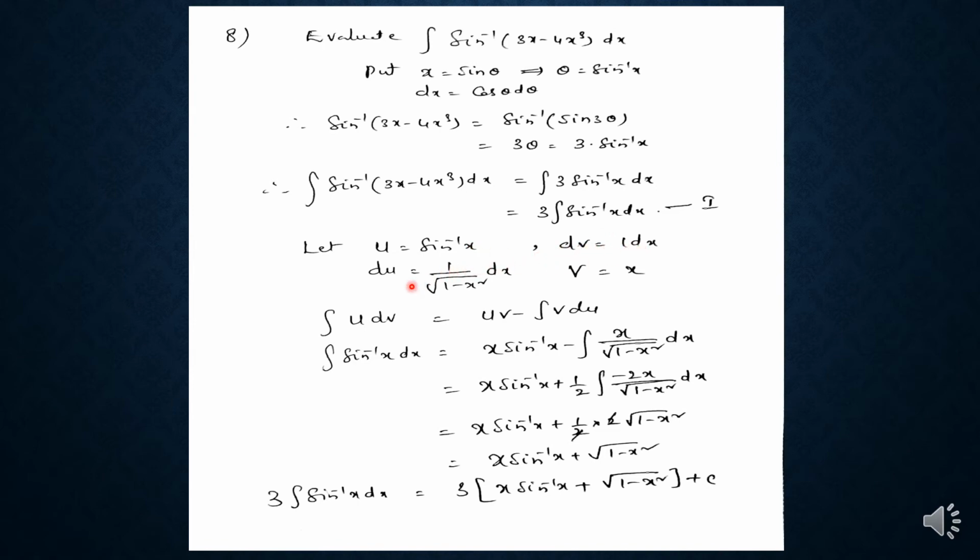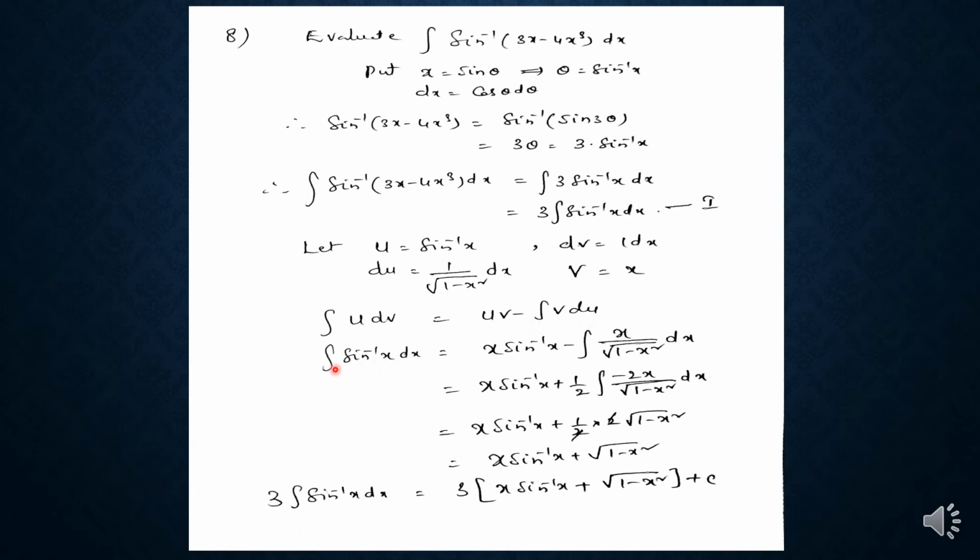Now the derivative of u: du is equal to 1 by root of 1 minus x square dx. And v can be obtained by integral dv equal to integral 1 dx, that is equal to x. Now, by taking the integration by parts rule, integral u dv is equal to uv minus integral v du.